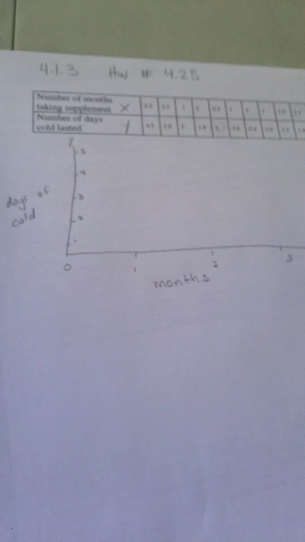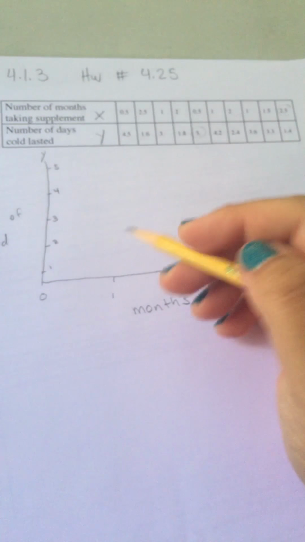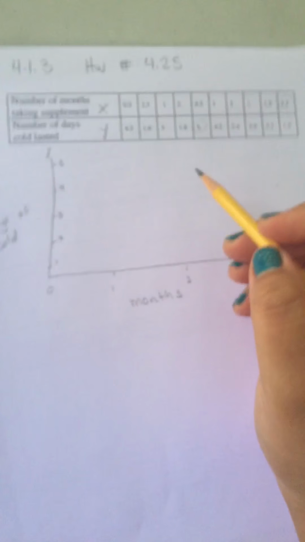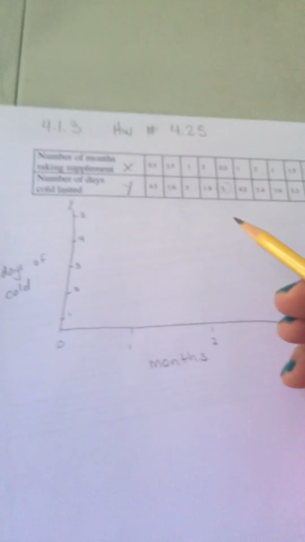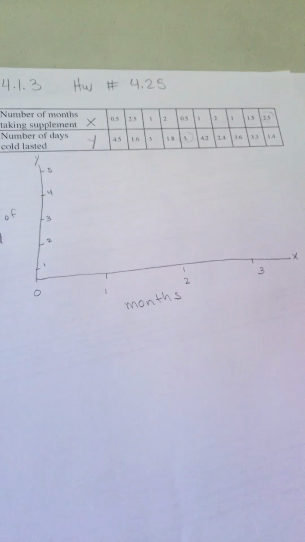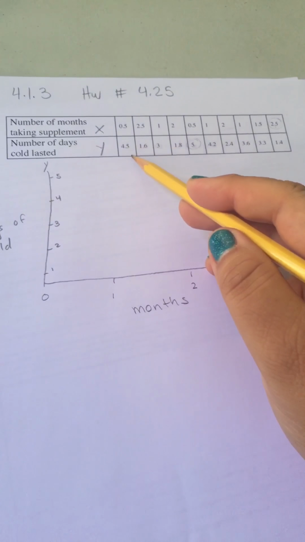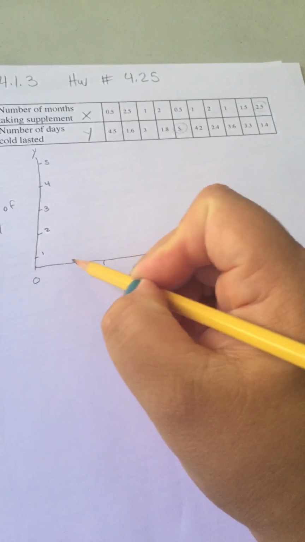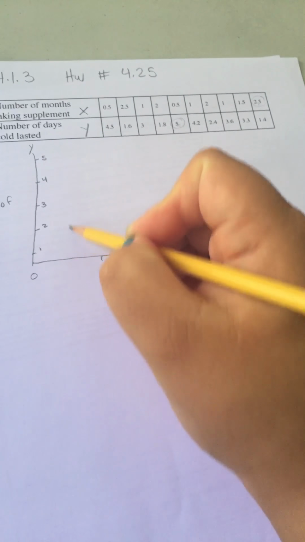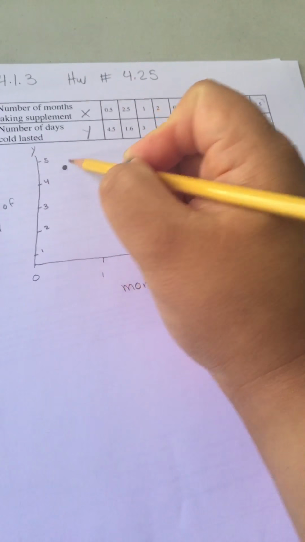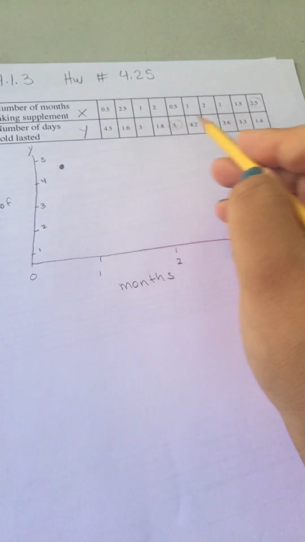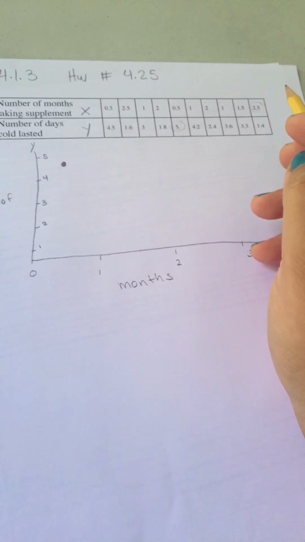So we have this first one is 0.5 and 4.5. So 0.5 is here, up to 4.5. You do the next one and you follow all the way through until you've graphed all the points.